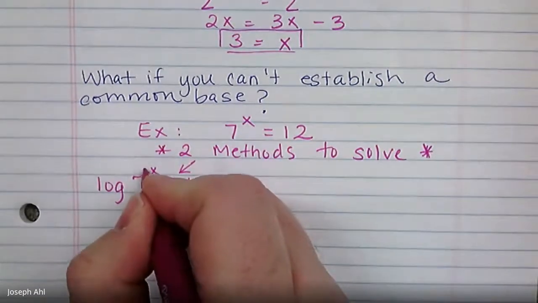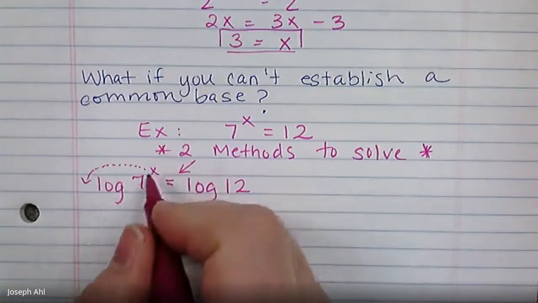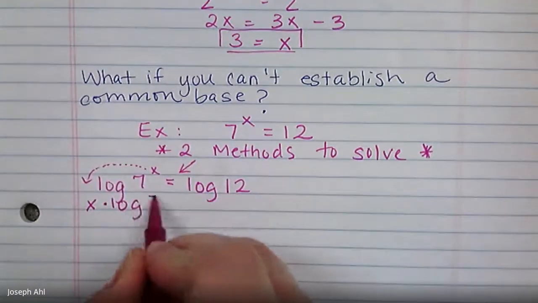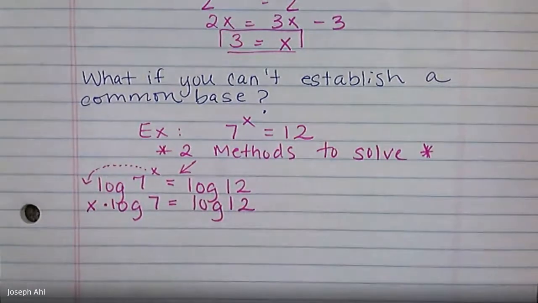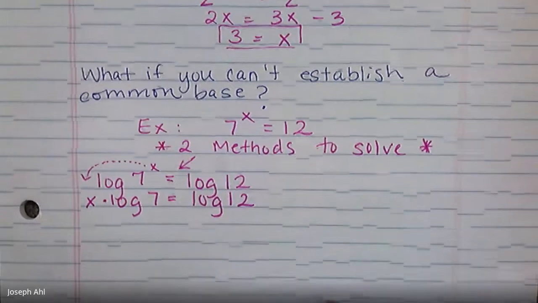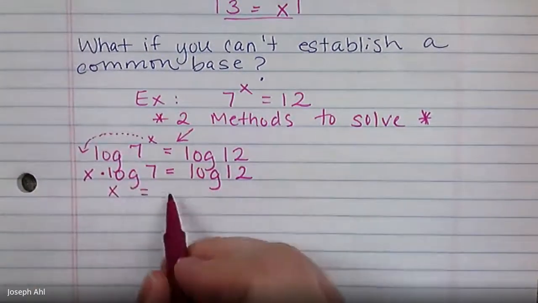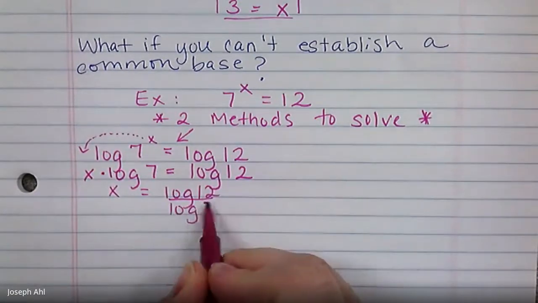Well, one of the properties of logs says that if you have log of something to a power, that power can come to the front. So we get x times the log of 7 equals log of 12. Log of 7 and log 12 are really just numerical values, so you can divide log 7 to the other side and get x equals log 12 over log 7.